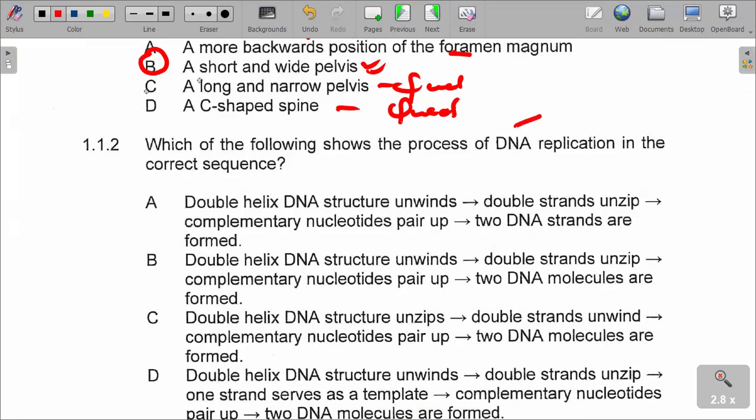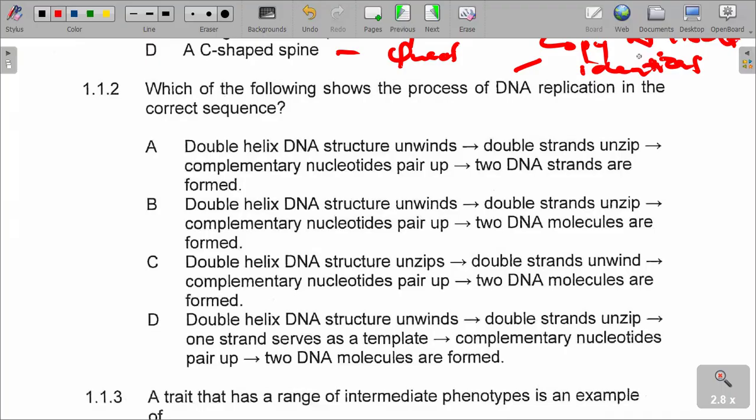Which of the following shows the process of DNA replication? DNA replication, we said, is making a copy of itself, an identical copy of itself. We call that DNA replication. So what is the correct sequence of events? If you look at it, we should understand that the double helix structure unwinds. That is true. Double strands unzip, complementary nucleotides pair up, and two strands are formed.